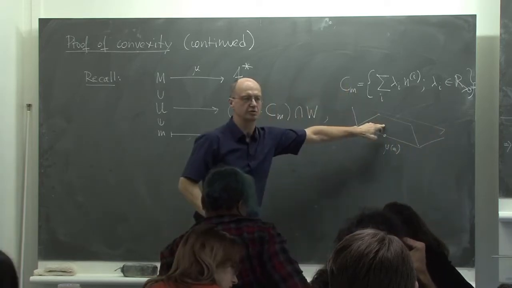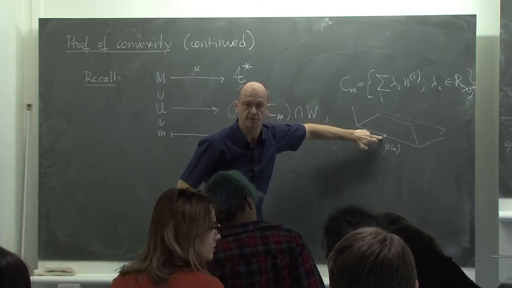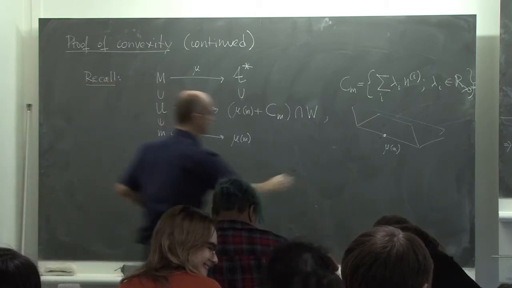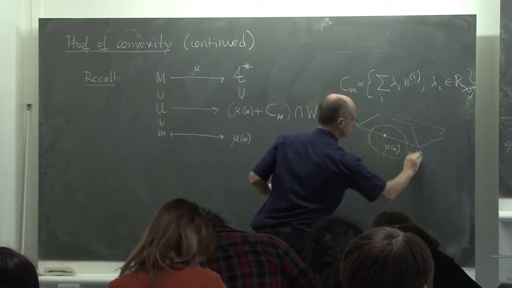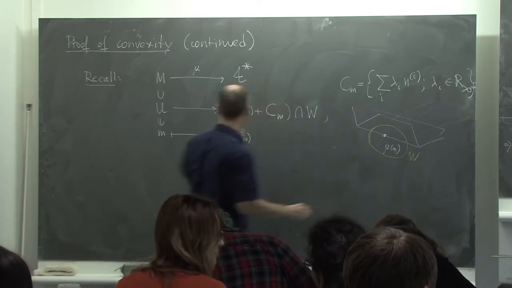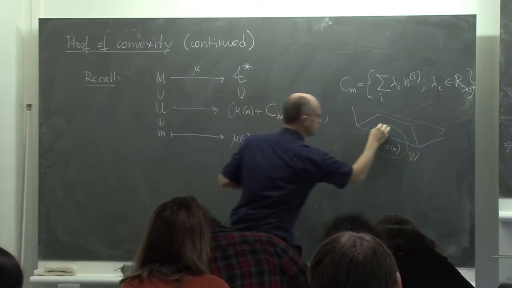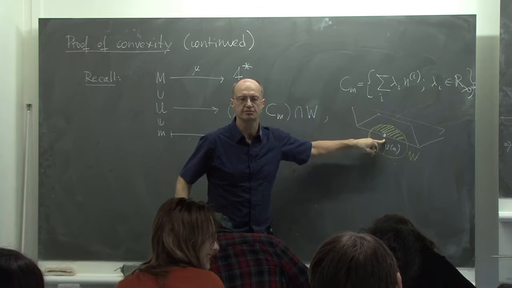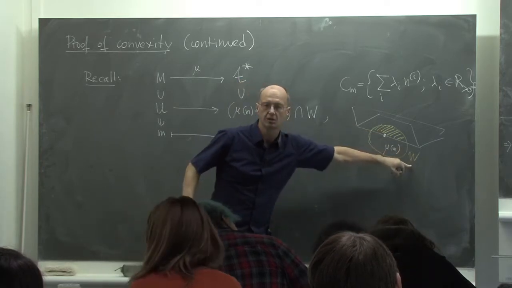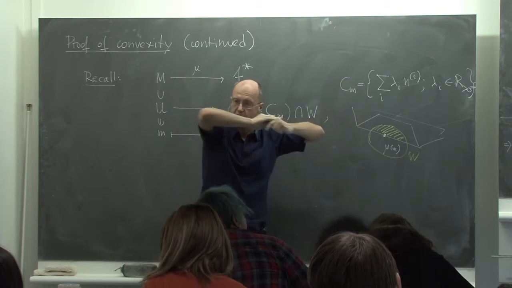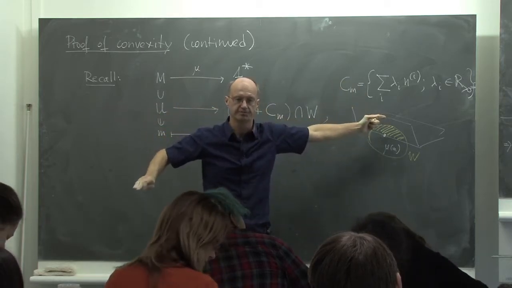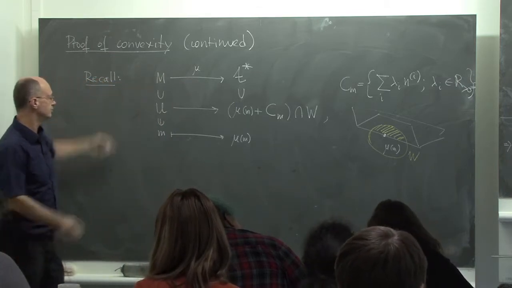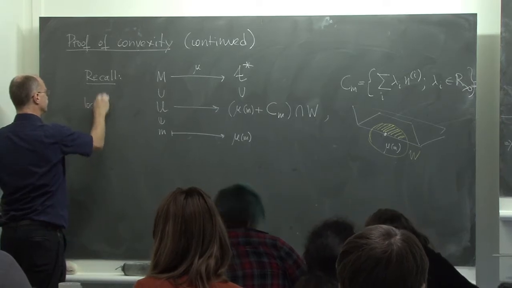That's the polyhedral cone Cm shifted to the point mu of m, and we intersect it with some neighborhood W. The image of U looks like this: an intersection of some neighborhood of mu of m with a polyhedral cone, possibly with some flat directions. So that's how it looks locally.